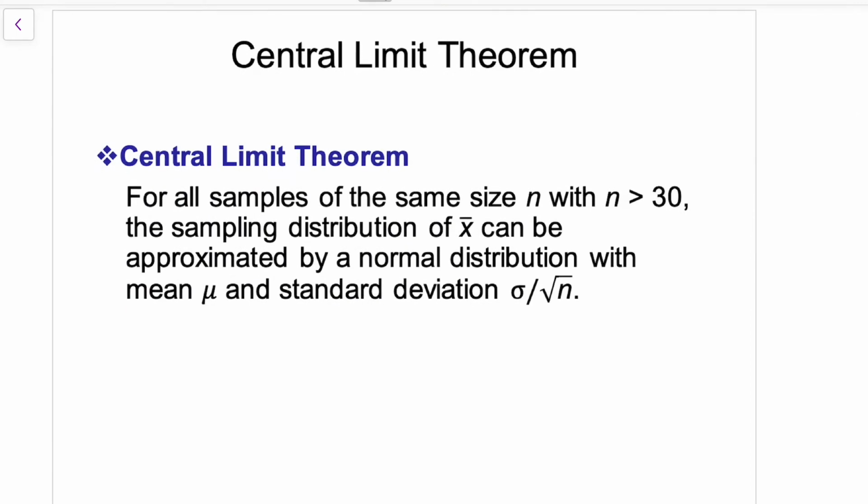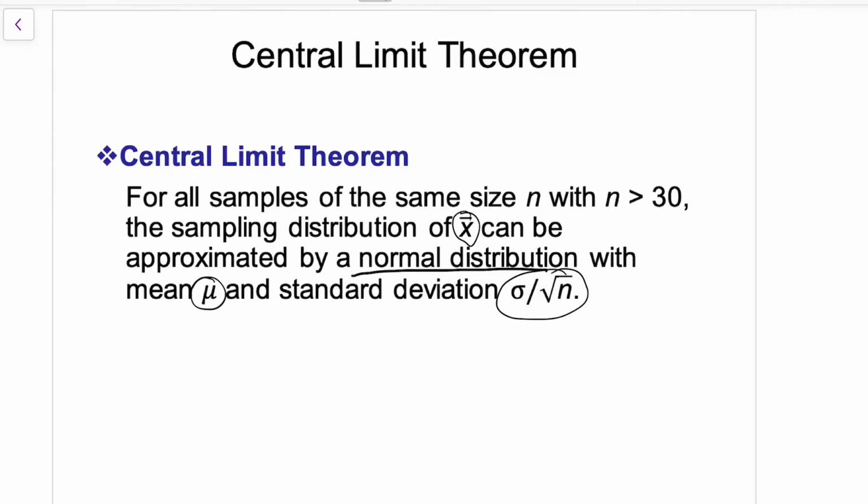The central limit theorem states that for all samples of size n, the distribution of the mean x bar, right here, can be approximated by a normal distribution with mean mu and standard deviation sigma over square root of n, right?